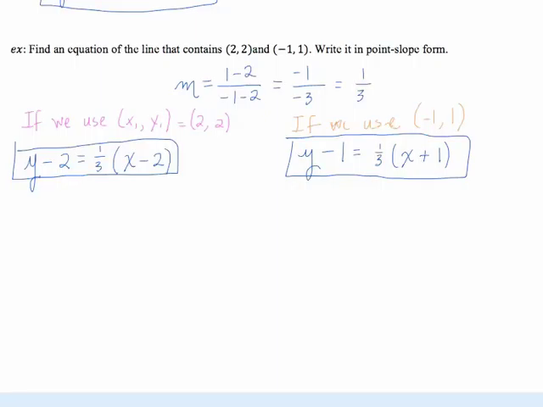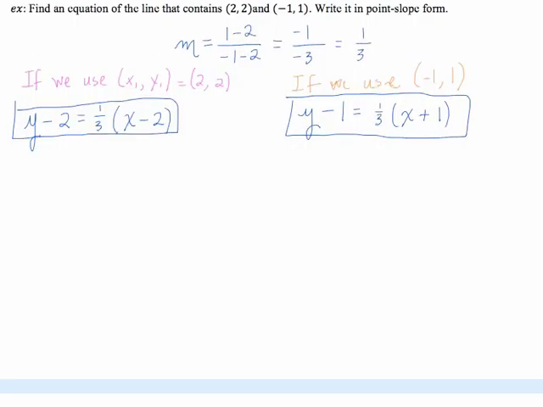And we can do that by putting these in slope-intercept form, meaning we need to solve both of these for y. So what I'm going to do is distribute the 1/3. So I'll have 1/3 x minus 1/3 times 2 is -2/3. Then I'm going to add 2 to both sides to get y equals 1/3 x, we'll have -2/3 plus 2.